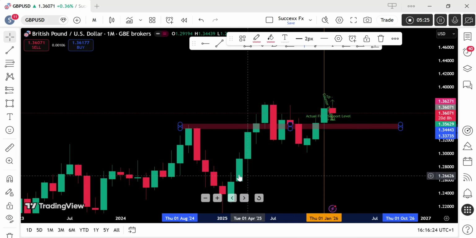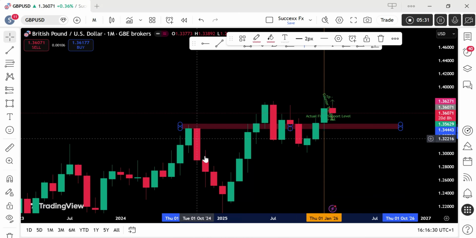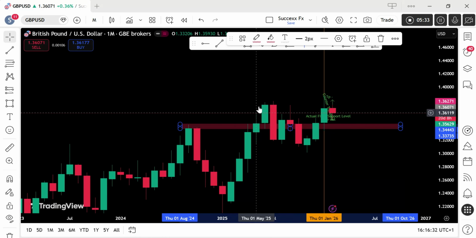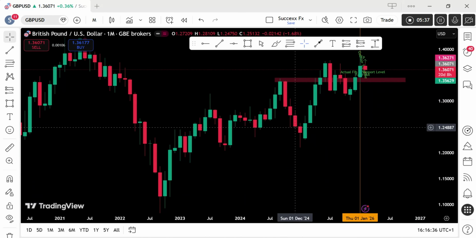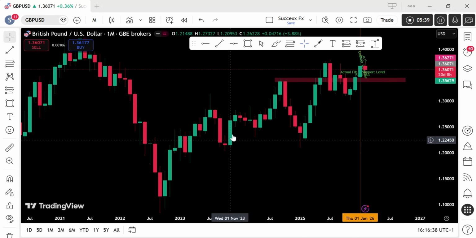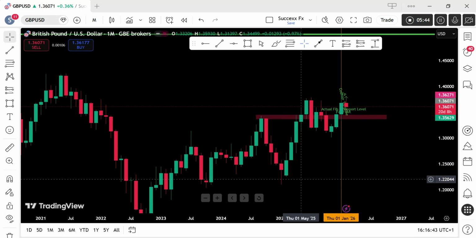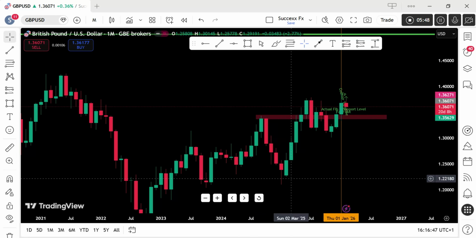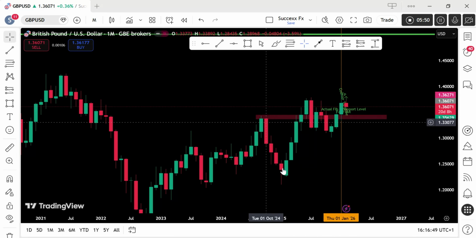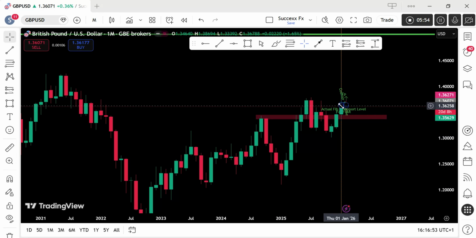Of course, we already know that price movement does not just move as a straight line. It moves in a zigzag motion, either upward zigzag or downward zigzag. In the sense, it moves higher high, higher low, higher high, higher low, higher high, higher low. That's how it moves. So as you can see on the monthly time frame, GBPUSD broke above this previous high, came in from a higher low, and now we're going back up.